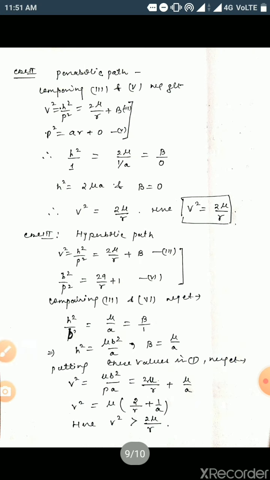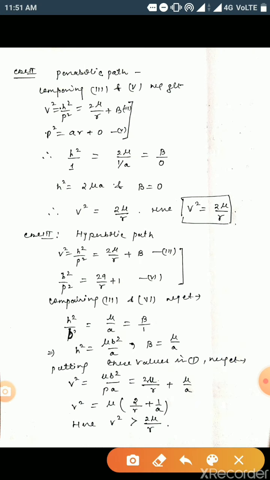Now we will see the second case, the parabolic path. From equation 3 and equation 5 we have v square equals h square by p square equals 2 mu by r plus b, and from 5 we have p square equals ar, and since there is no constant term, we put it as 0. Comparing both equations, we get h square by 1 equals 2 mu by 1 by a equals b by 0.